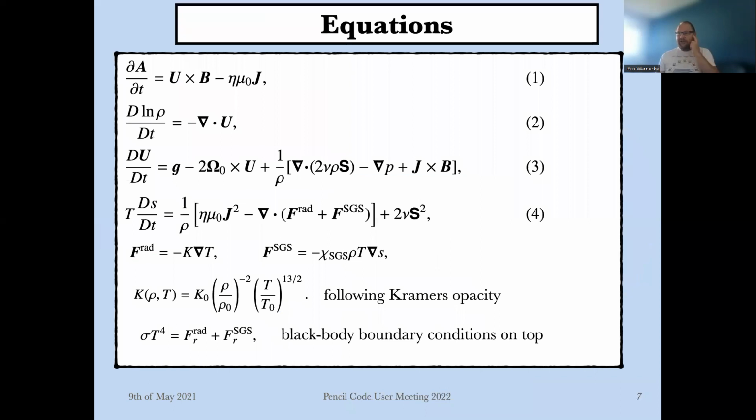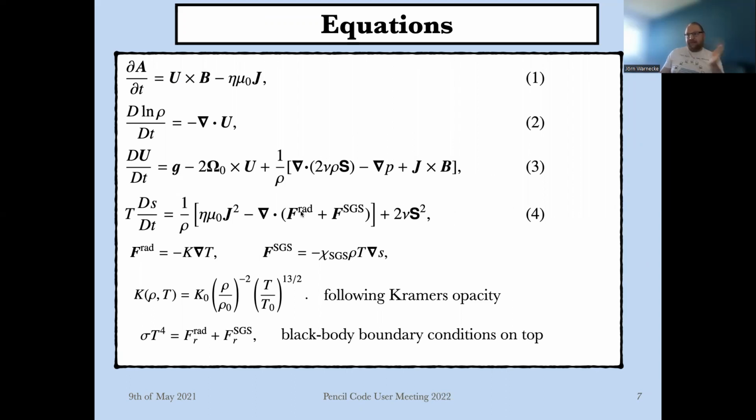Here is an overview of the equations we solve. We solve the induction equation, the continuity equation for the density, and the momentum equation, with the Coriolis force and the Lorentz force, for example. Then we solve the energy equation in terms of the entropy with the different heating terms, so ohmic heating and viscous heating.